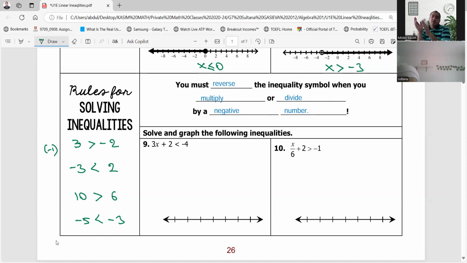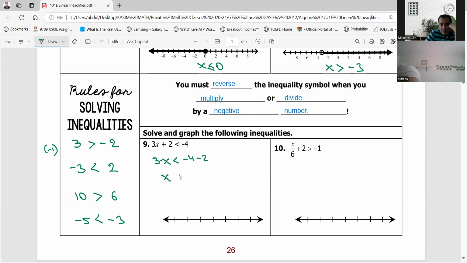Solving the inequality means that we need to isolate x. Like, for example, 3x plus 2 is less than -4. So what do we do here? First, I move 2 to the right-hand side. 3x is less than -4 minus 2, which is -6. Now I have positive 3, so I don't have to change the symbol. Divide by 3.